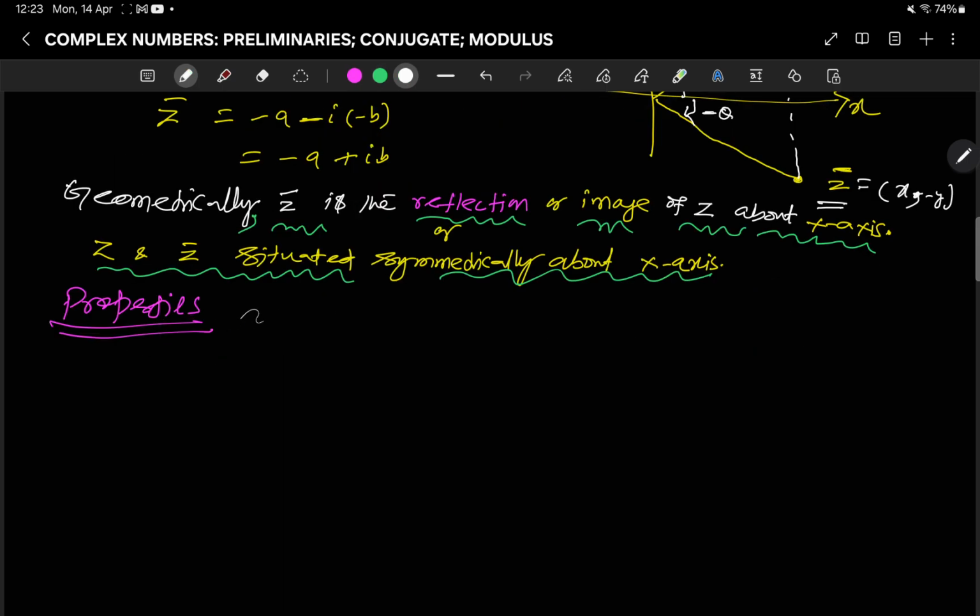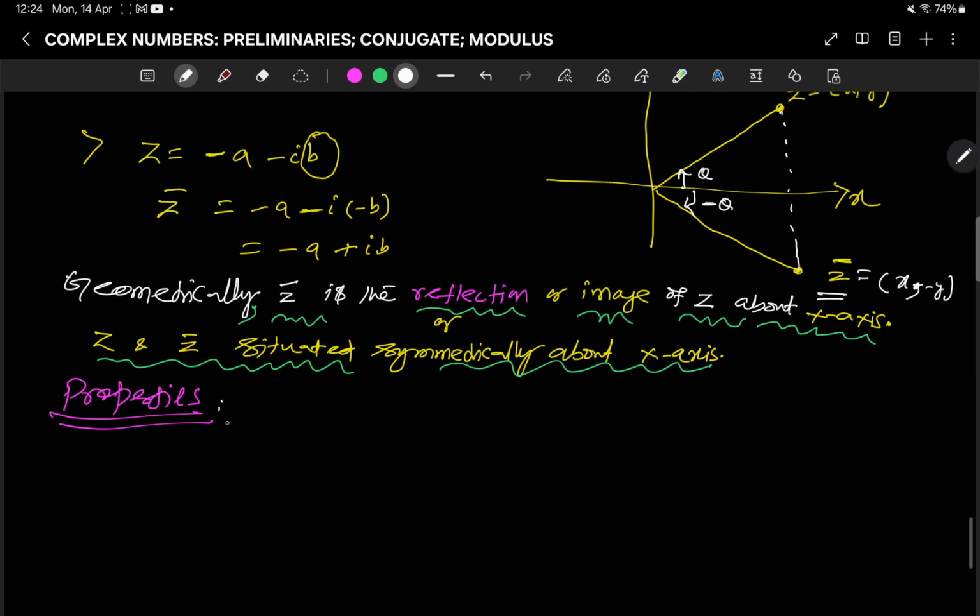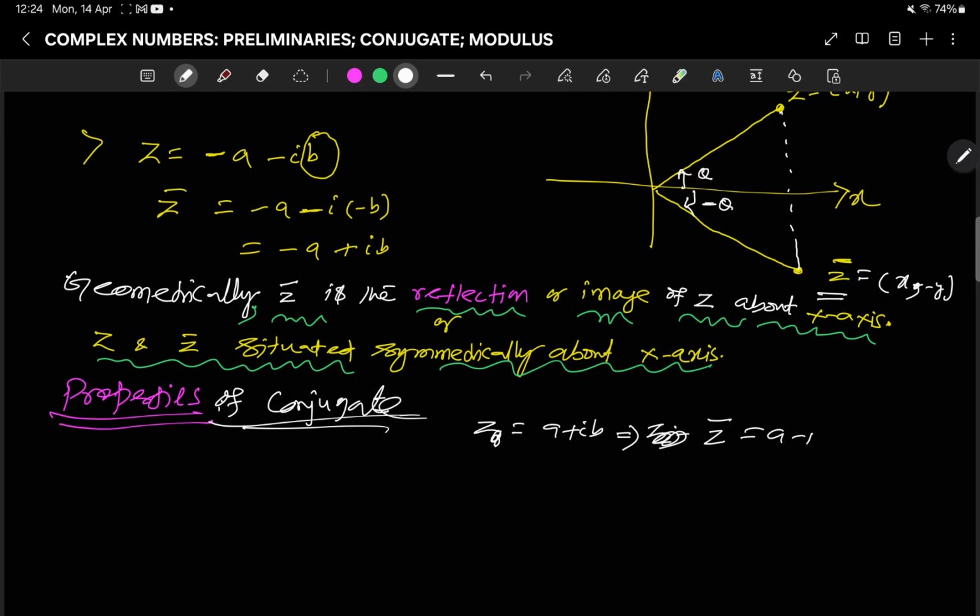Now coming to the properties of the conjugate. If I have z is equal to a plus ib, then z conjugate is a minus ib. If you add them, z plus z conjugate, it is twice a only. That means a is the real part of z.